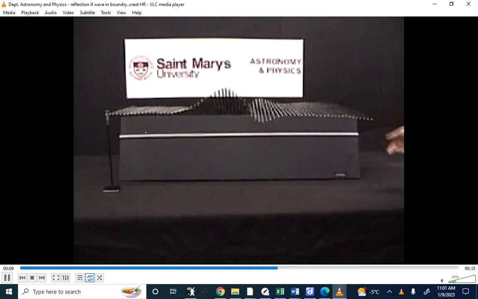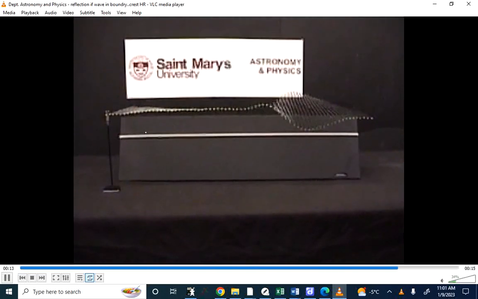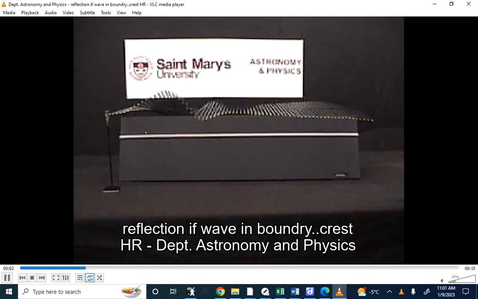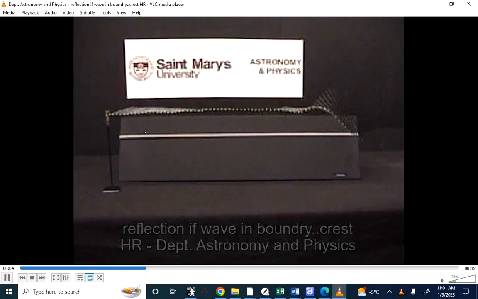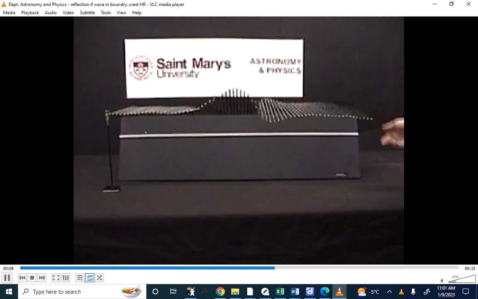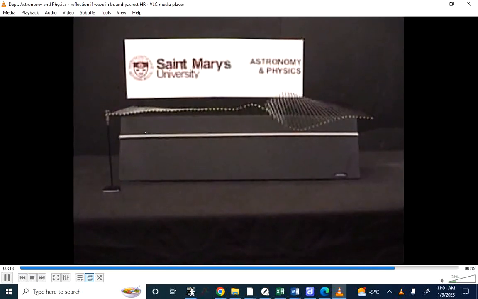It'll repeat. So this is in slow motion, and I'll talk about it again in a second. But here it is at regular speed. You can see that there's a crest traveling to the left, and then afterwards it's a trough traveling to the right. So here in slow motion, what I'm pointing at right now is the crest, and then that part of the wave is below.